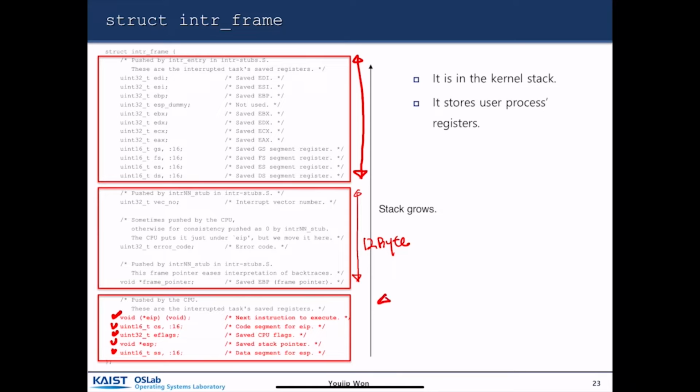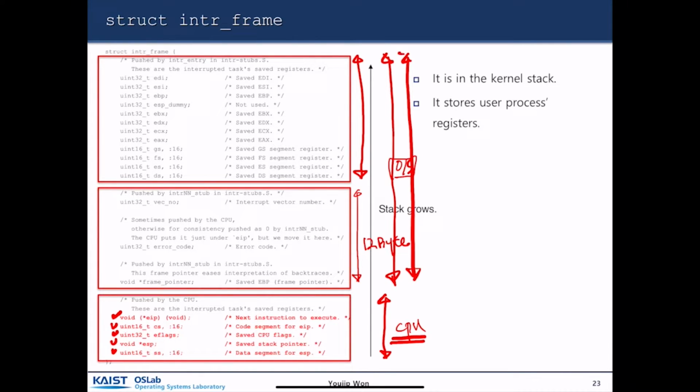From here to here is defined by the CPU, and from here to here it is defined by the operating system. If you look at other operating systems that run on the x86 CPU architecture, this part remains the same, but the other portion may vary depending on what kind of operating system you are using. The interrupt frame resides in the kernel stack, and it stores the user process registers.